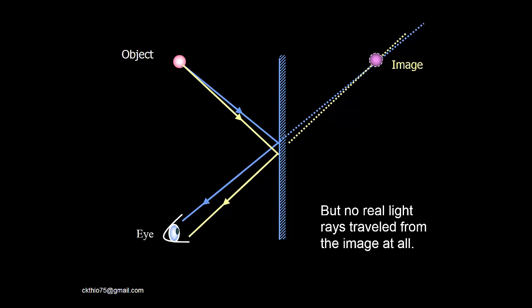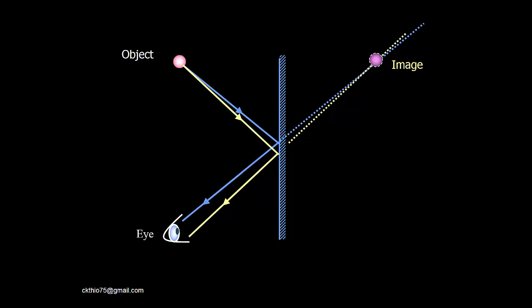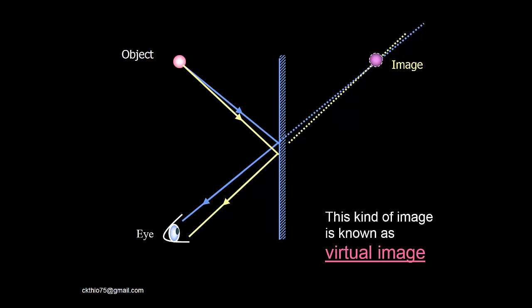The actual light ray is from the object, bounces off the mirror, and then reaches the eye. But we have this illusion that there's an image inside, and this kind of image is known as the virtual image.